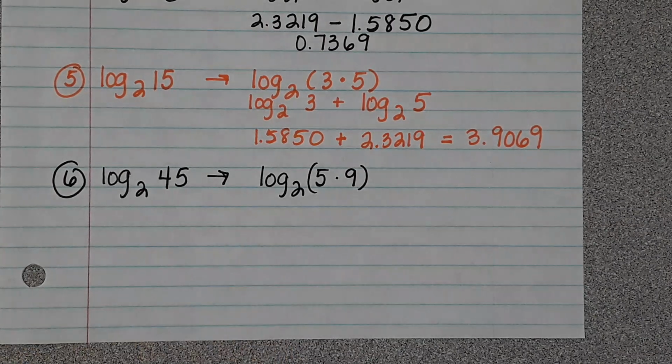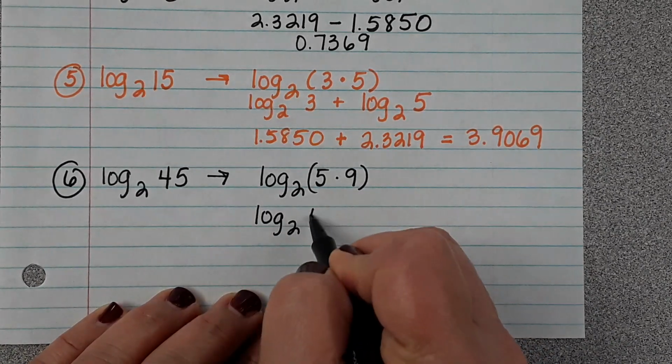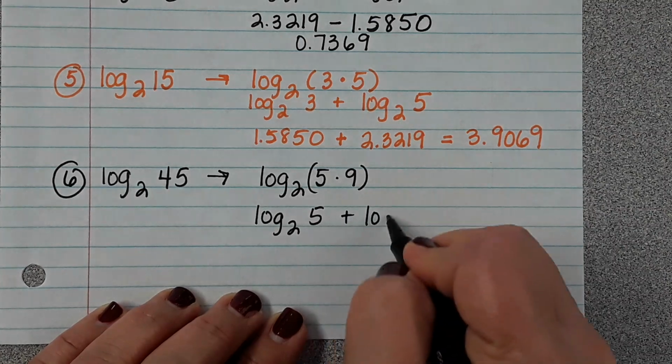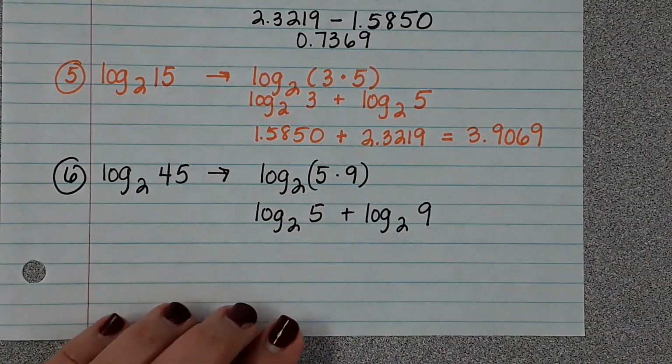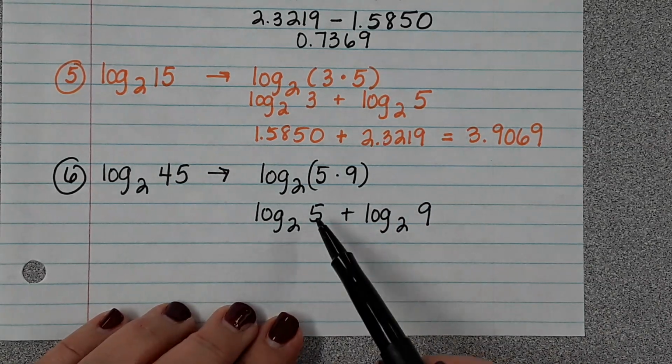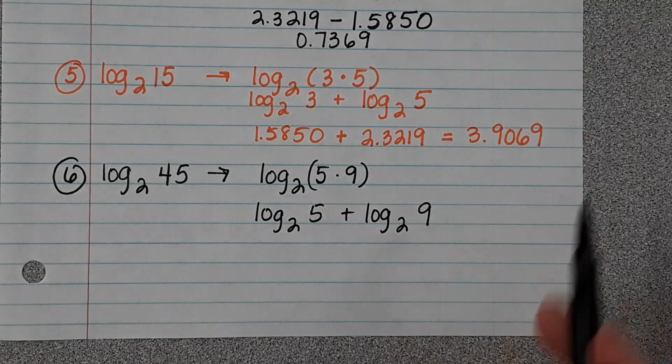That doesn't mean that that's how you have to write it. How do you rewrite a multiplication problem? Say it. Log base 2 of 5 plus log base 2 of 9. Log base 2 of 5, I gave to you. Log base 2 of 9, that's nowhere.